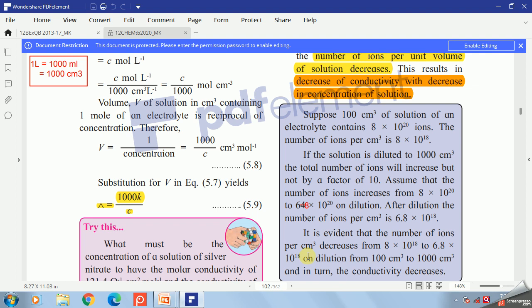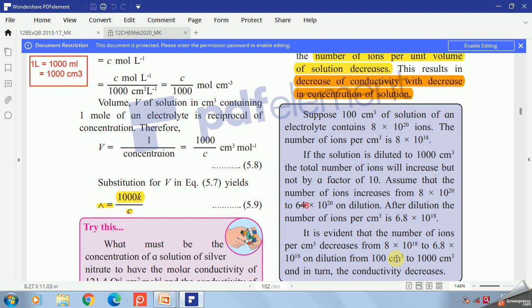So if the number of ions per centimeter cube is increased by 10 times, that means instead of 6.8 into 10 raised to 18, if it is 80 into 10 raised to 18, then the conductivity also can increase, because the number of ions per centimeter cube increases.